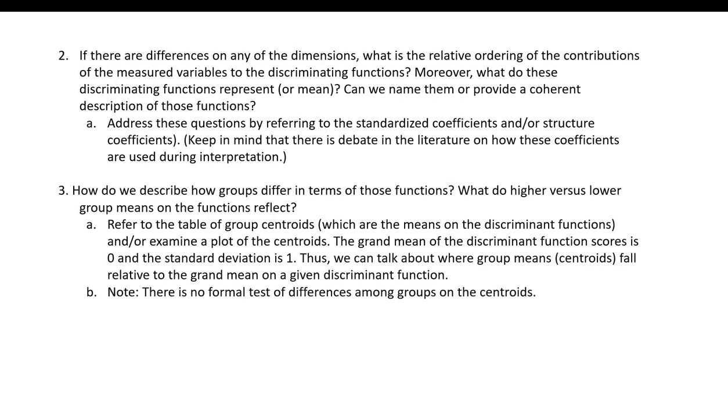Second, if there are differences on any of the dimensions, what is the relative ordering of the contributions of the measured variables to the discriminating functions? Moreover, what do these discriminating functions represent or mean? And can we name them or provide a coherent description of those functions? Third, how do we describe how groups differ in terms of those functions? And what do higher versus lower group means on the functions actually represent?